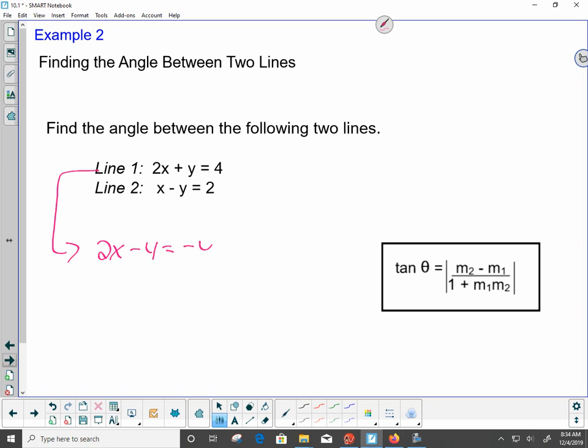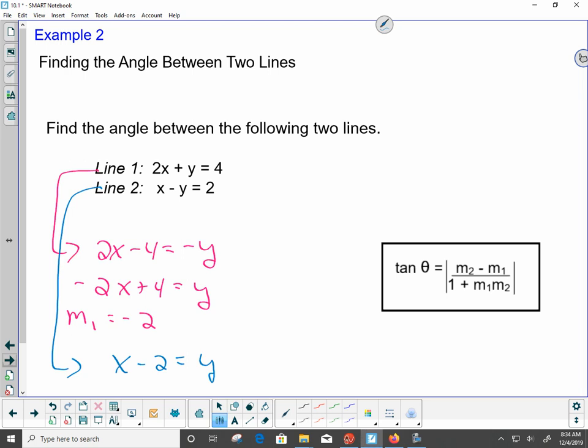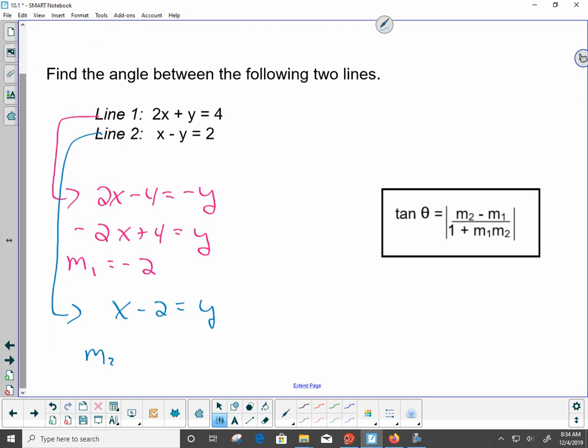So my slope for line 1 is -2. Does everyone agree? Doing line 2 with blue. My slope for line 2 is going to be 1.